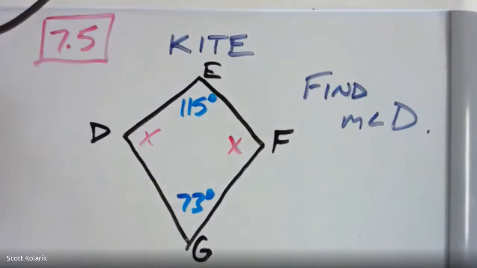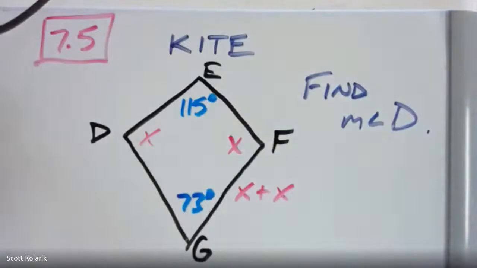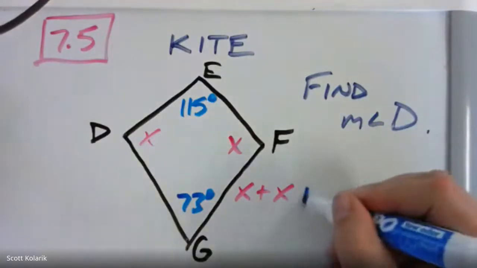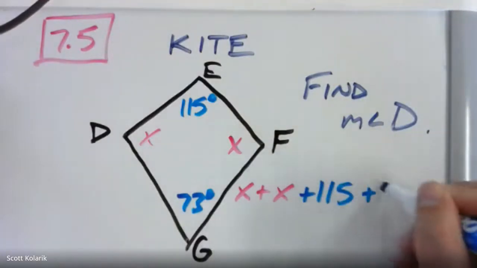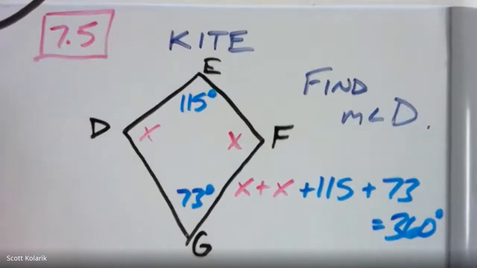So I can just simply do that algebra. In other words, I could have X plus X plus 115 plus 73 equals 360 degrees. Again, unique to a 4-sided figure. Had it been like a 9-sided figure, it'd be a different number here. But the namesake for most of this unit is quadrilateral.